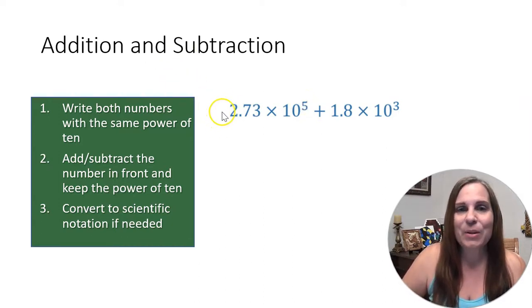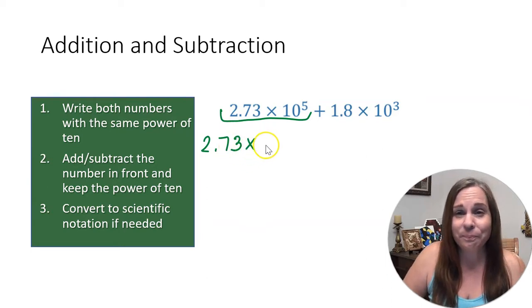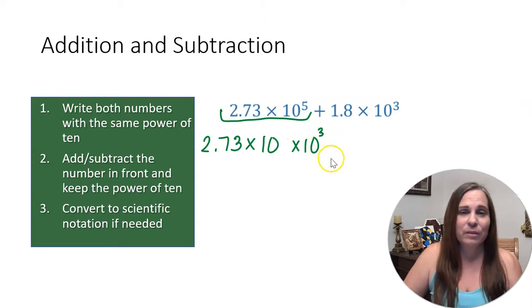So that means I'm going to work a little bit with this number first, right? So I know that I'm going to keep that 2.73 for now, and I know that I want to multiply by 10 to the something times 10 to the 3rd, right?